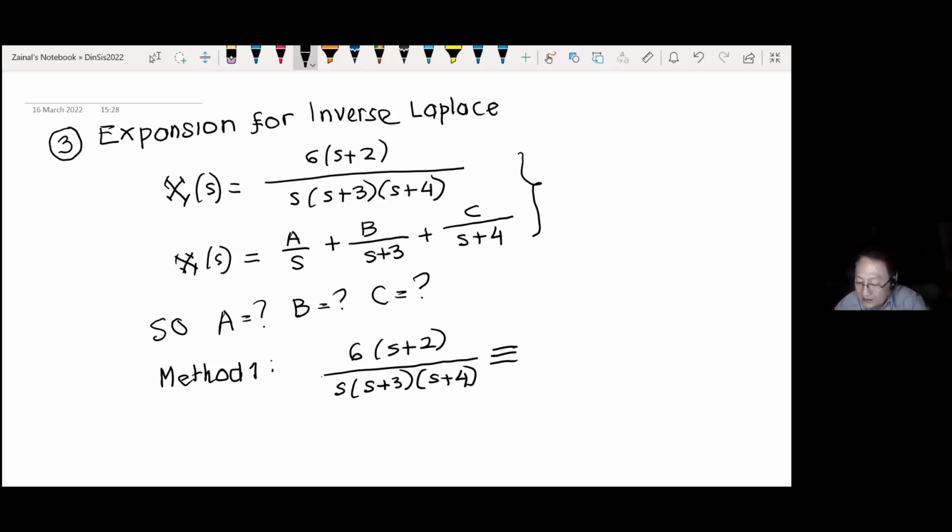Okay, this one is an identity: A divided by S plus B divided by S plus 3 plus C divided by S plus 4.